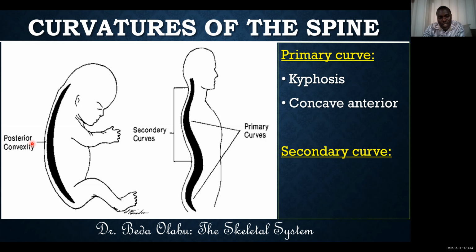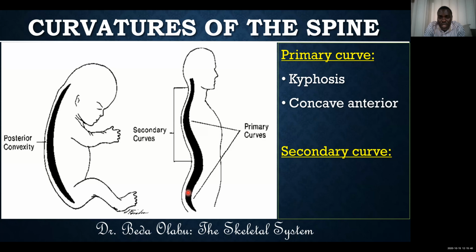That type of curvature, the primary curvature, persists in not all the segments of the vertebral column, but some segments. The segments that retain the primary curvature are the thoracic segment, as well as the sacrococcygeal segment. They retain the kyphotic curve.